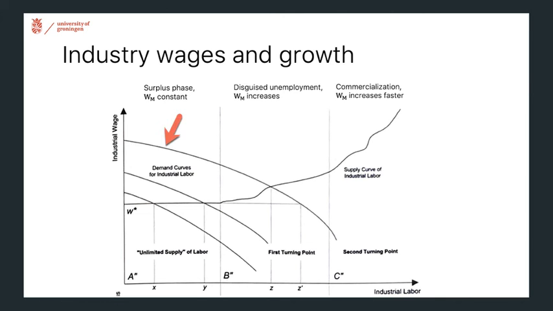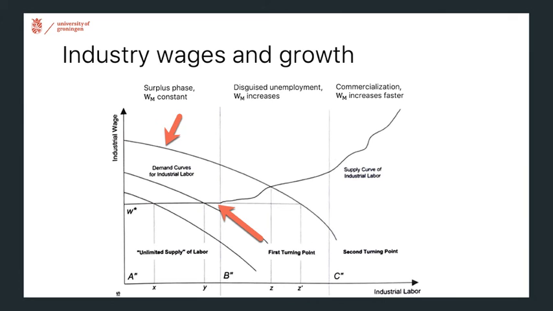But the crucial thing is the labor supply curve. Now, the labor supply curve in the basic model was nearly horizontal, and that's also the first part. During the surplus labor phase, the unlimited supply of labor, the supply curve remains constant.